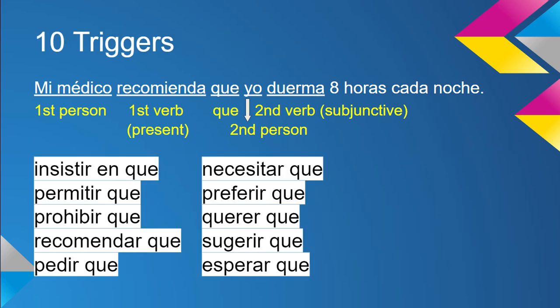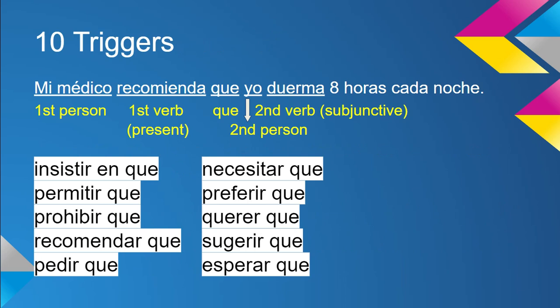All right, so let's look at the verbs that you are going to be responsible for. There are like 100 verbs. I don't know. We're going to do 10. Insistir en que, permitir que, prohibir que, recomendar que, pedir que, necesitar que, preferir que, querer que, sugerir que, y esperar que.